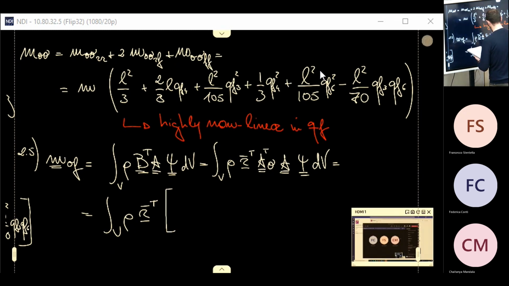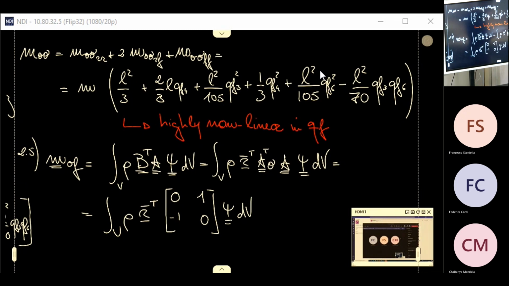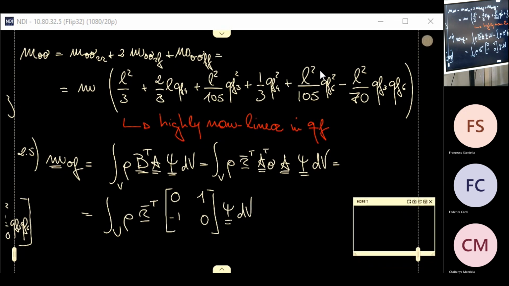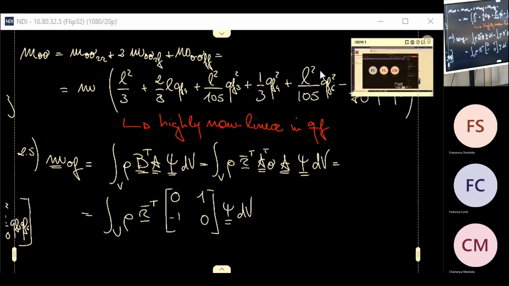It's a 2 by 2 matrix: 0, 1, minus 1, 0, psi in the V. Now, basically following the previous calculation and substituting what we have seen, above all in R, here we know how to use the inertia shape integrals.